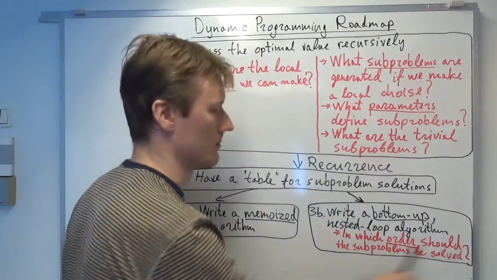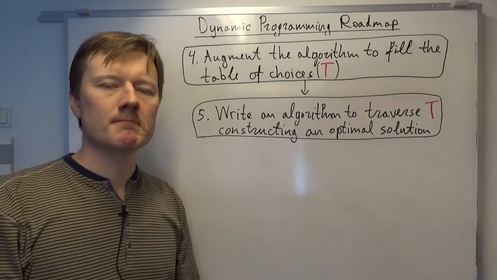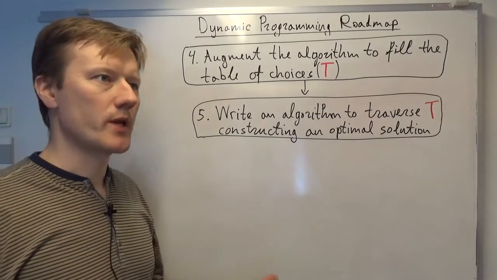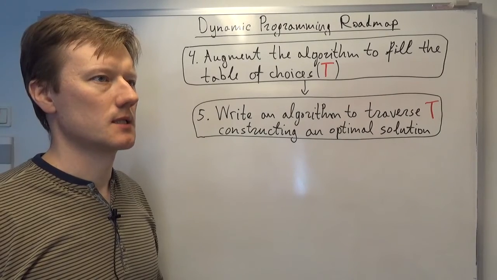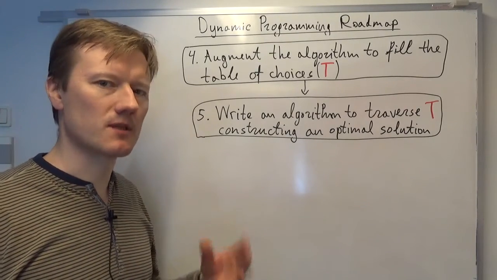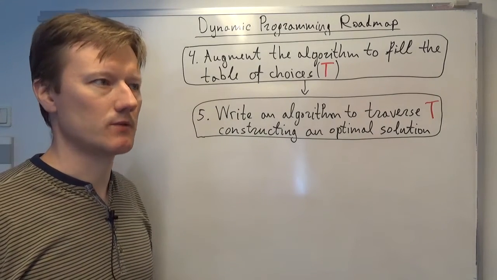So the order is important here. Now we have an algorithm that hopefully computes the optimal value, the value that we want to minimize or maximize for a given problem.